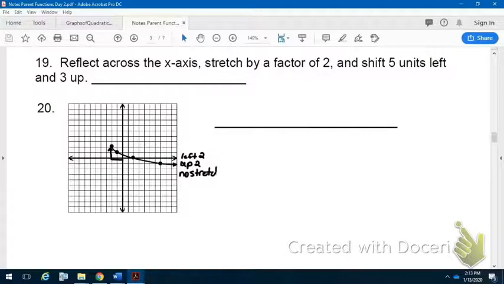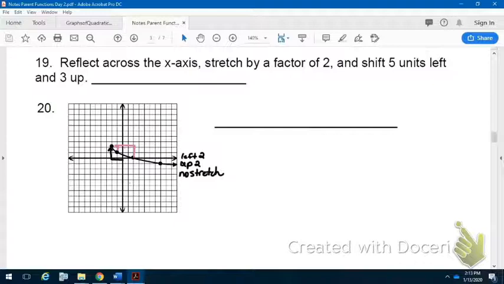And to come to that conclusion, I look here and I can see that my move is over 1 and down 1. And over 4, 1, 2, 3, 4, and down 2. That's the standard move for a square root, so there's not any stretching on it.